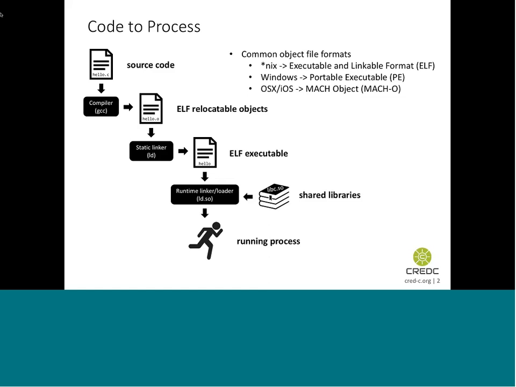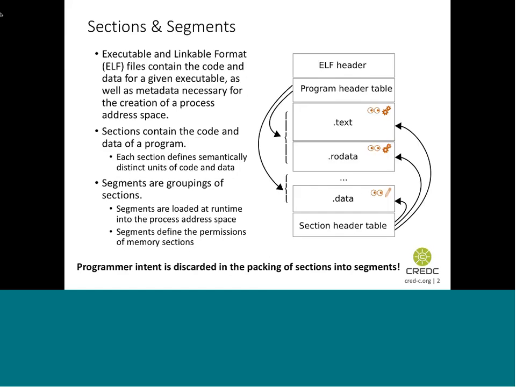So we look at ELF in particular here. The other formats are very similar in their purpose, but ELF in particular, the files, again, contain the code and the data for your executable, as well as the metadata that you're going to use to determine where in memory the parts of your program go. So there's two important concepts with ELF, and that is sections and segments.